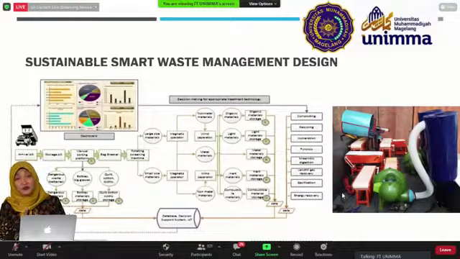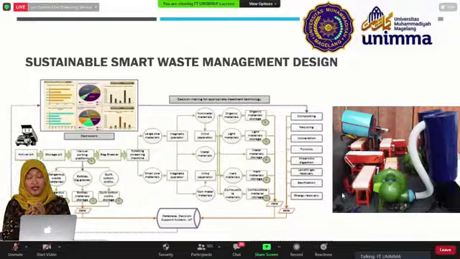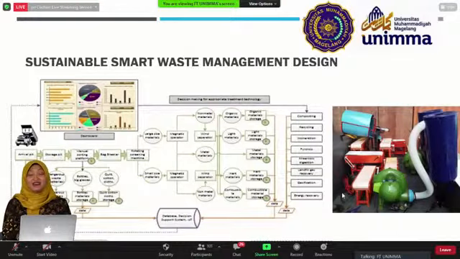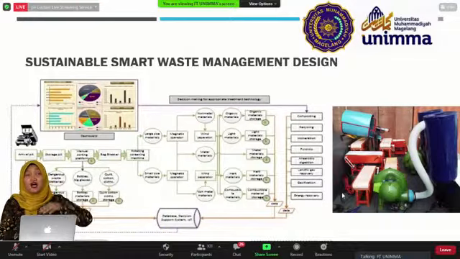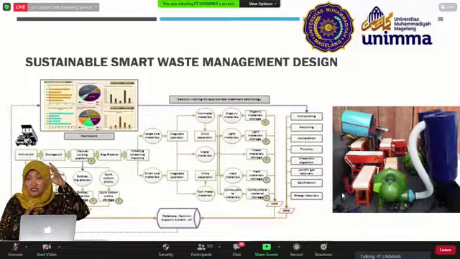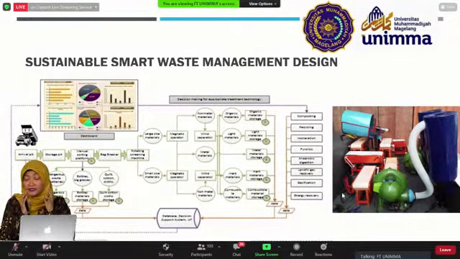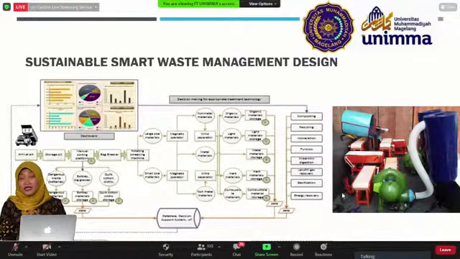This is one of the prototypes I have created, and it has been tested at laboratory level. Hopefully next year we can continue to make the real facility of this system, because in the system we can see how much waste is in the final disposal center, anytime, anyhow, anywhere. So this is really very good research.